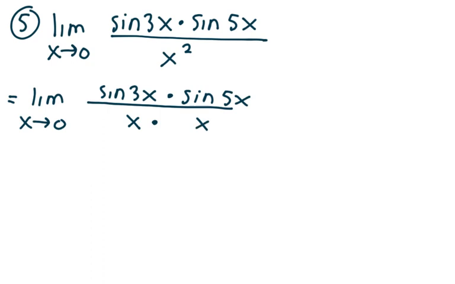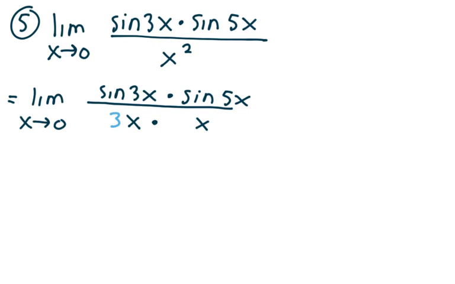Okay? Now, notice how the argument for the sine is 3x, and so I need a 3x in the denominator. So I'm going to put a 3 there. So notice how the argument for the sine and the denominator match. Now, the argument for the other sine is 5x, and so I need a 5x in the denominator.